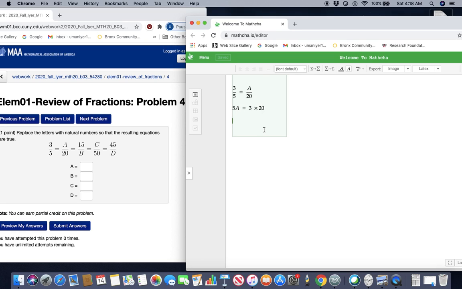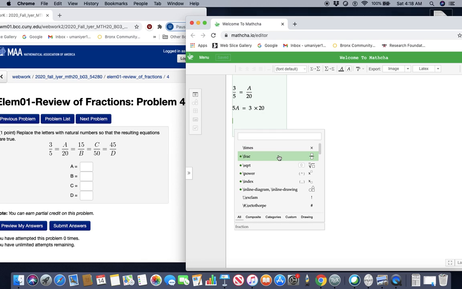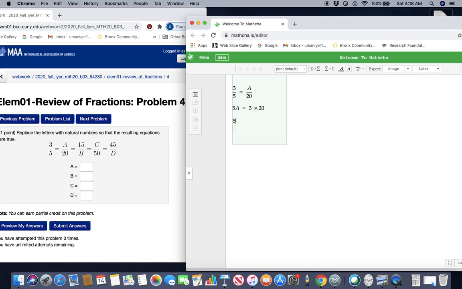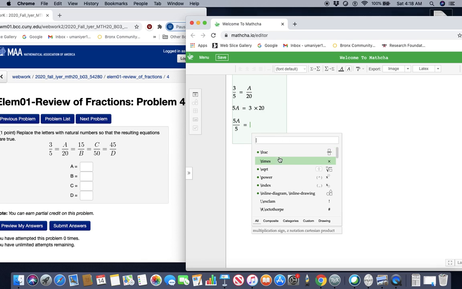I want to solve for a, so I need to divide both sides by 5. Why do I need to divide by 5? Because 5 is multiplying a, and the opposite of multiplication is division.